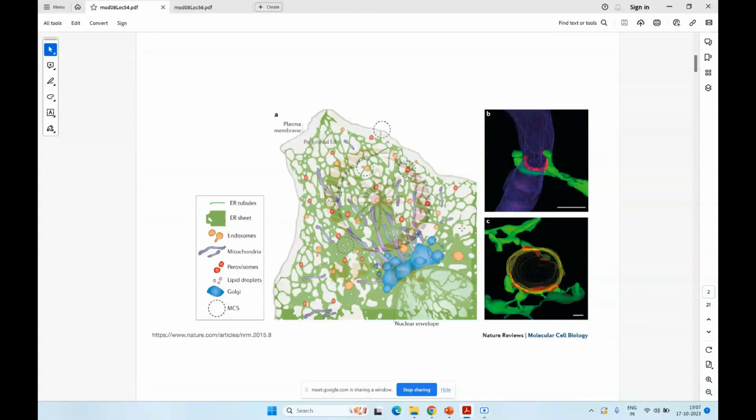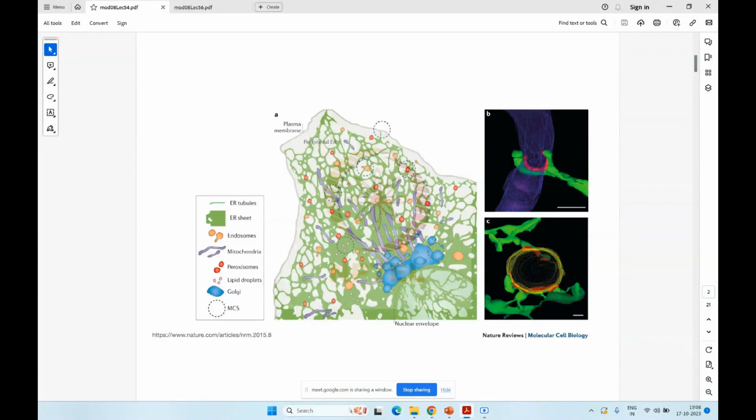This blue thing that you see here is the Golgi. The Golgi, however, is a very compact structure as compared to the ER. And if you perturb the cytoskeleton, if you remember from last week, you see that the Golgi dissociates.